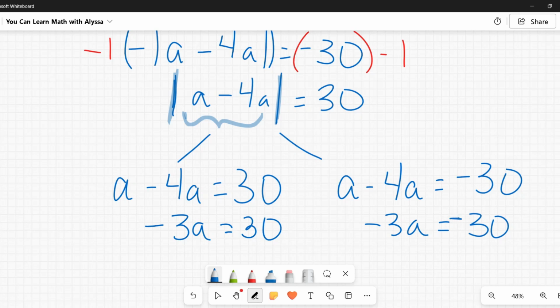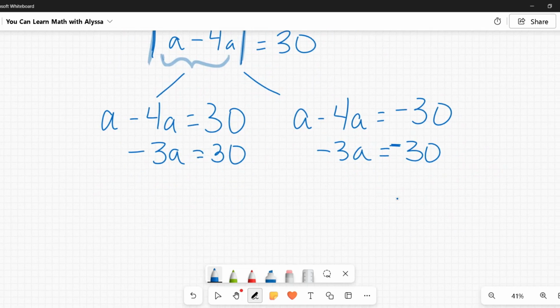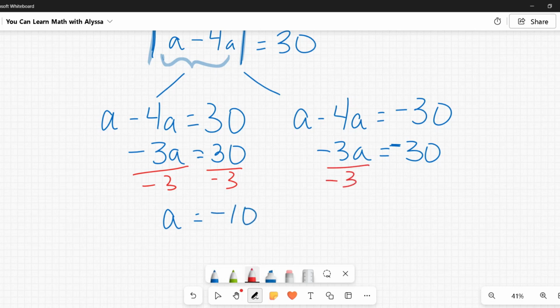In both of these I'm going to divide by negative 3. When I divide by negative 3 here on both sides, I get a is equal to negative 10. Same thing over here. I divide both sides by negative 3, and I get a is equal to a positive 10. So a can be negative 10 or it can be positive 10.